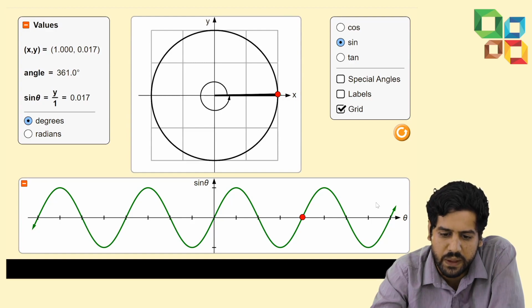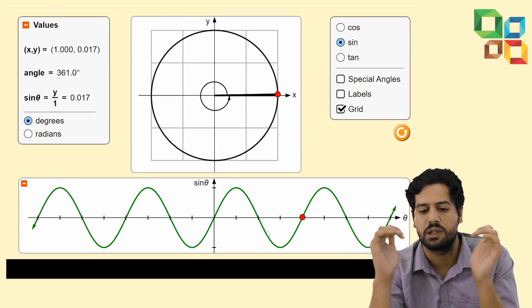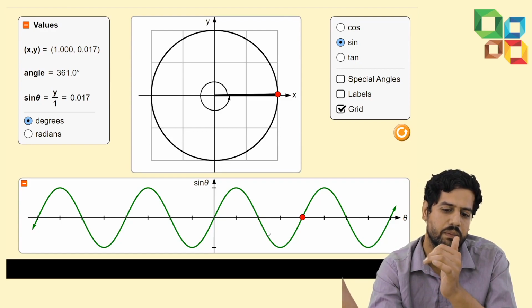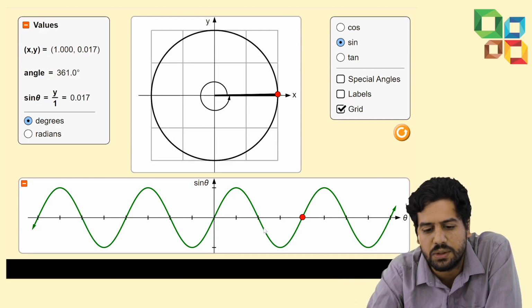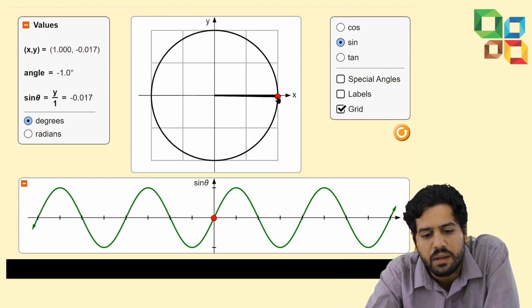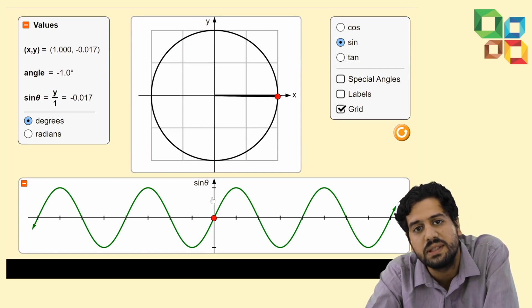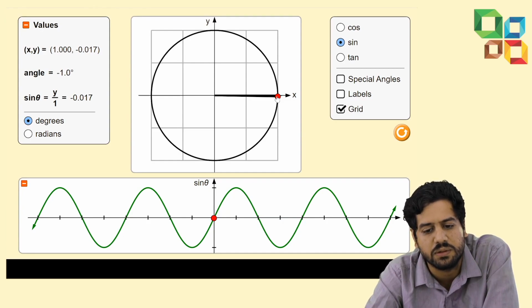And the minimum interval after which it repeats is called the period of the function. So what will be the period of the sine theta versus theta graph of this sine function?